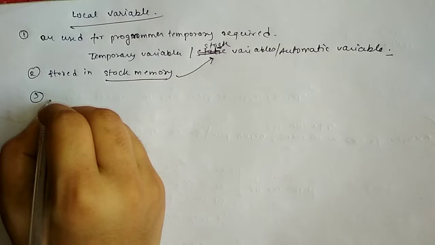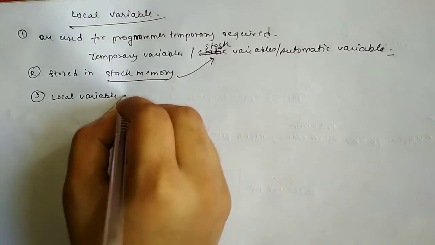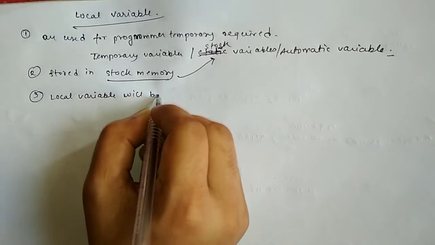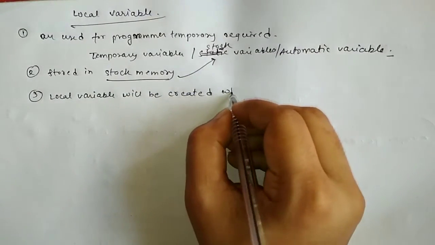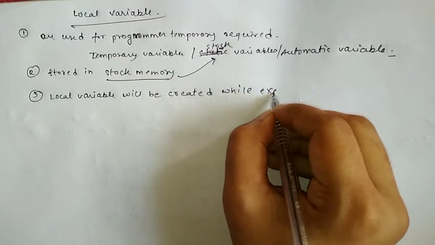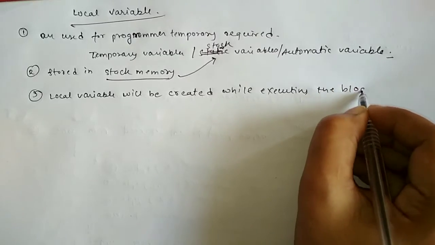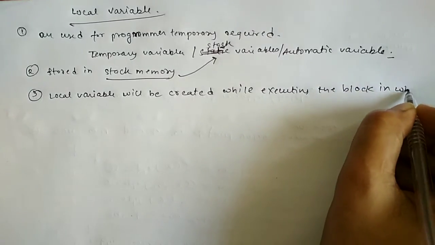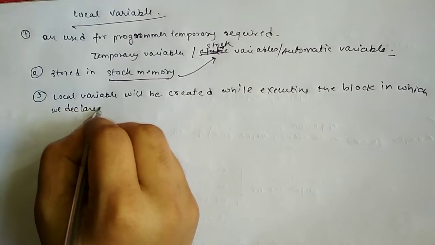So what do we conclude from there? A local variable will be created while executing the block in which we declare it.